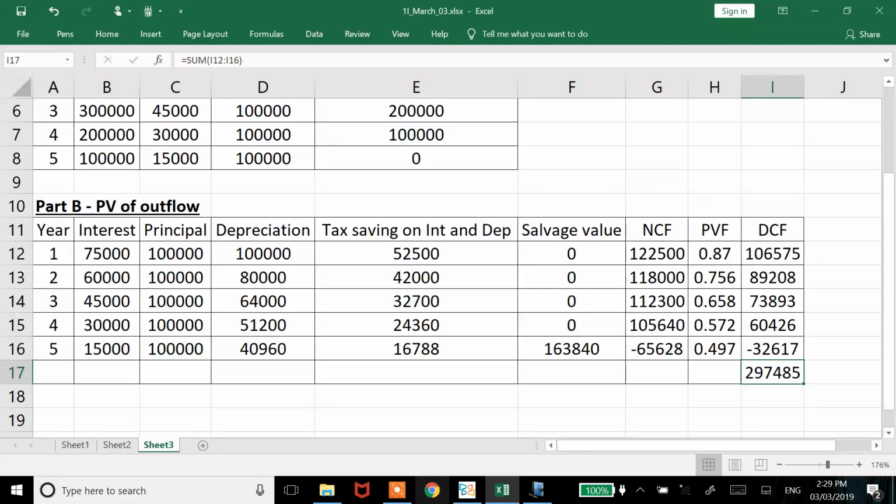If you take a loan and buy an asset, we will pay 297,485.